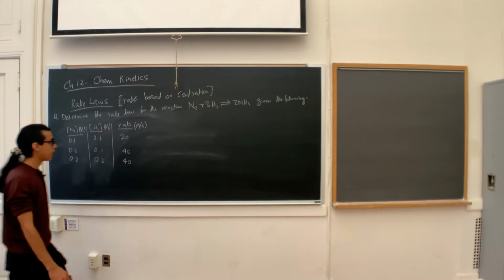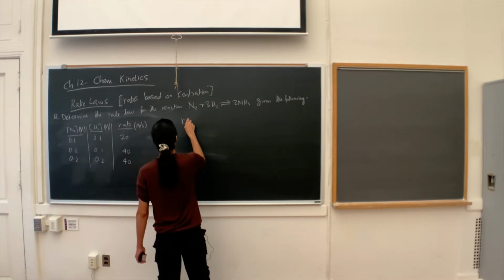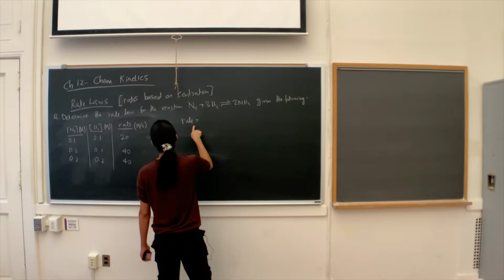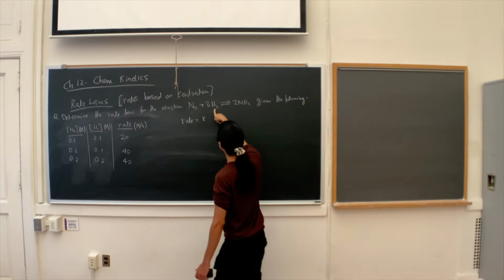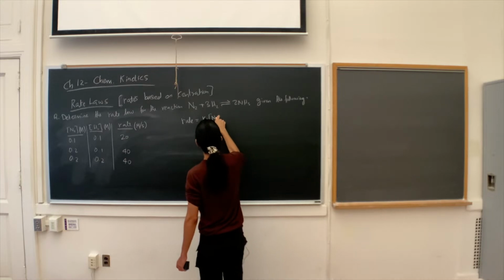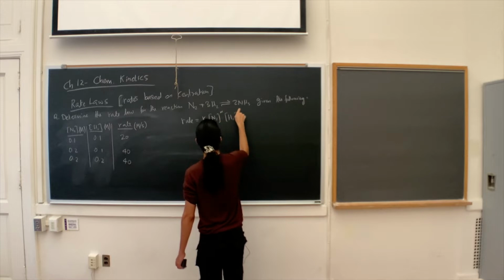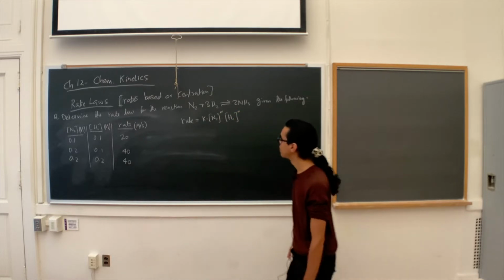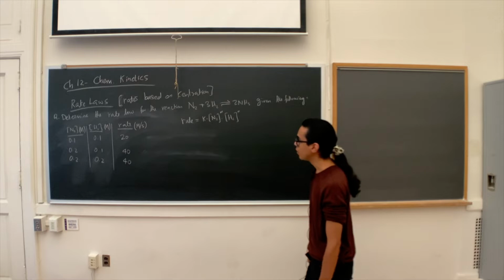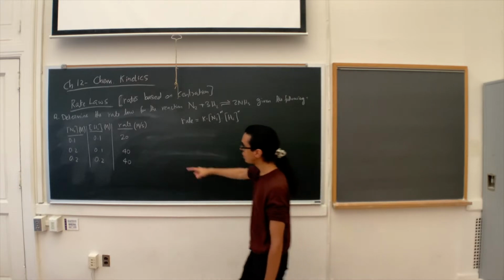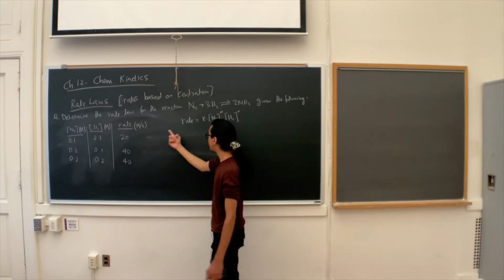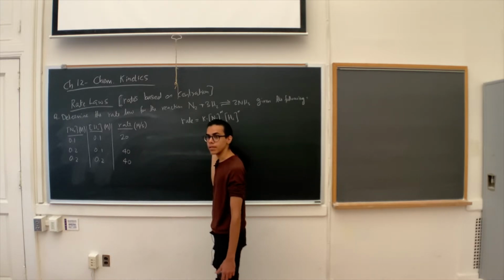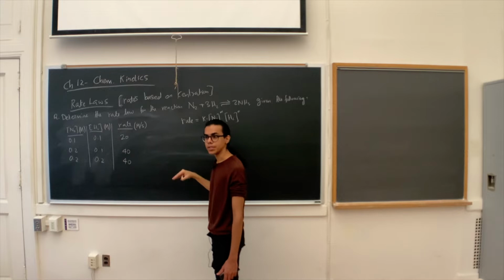So all we've got to do now is write down the skeletal, the general rate law, which is rate equals K times, our reactants here are N2 and H2, so you put those in molarity parentheses, raised to some powers M and N. And for each of these 3 data points, you plug the information in, so you get 3 separate equations.